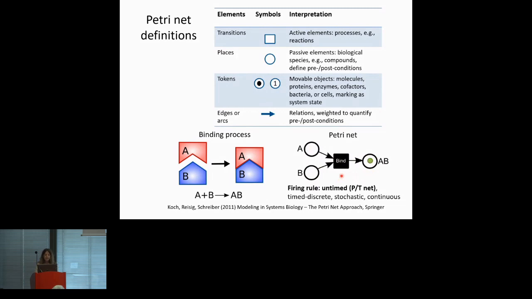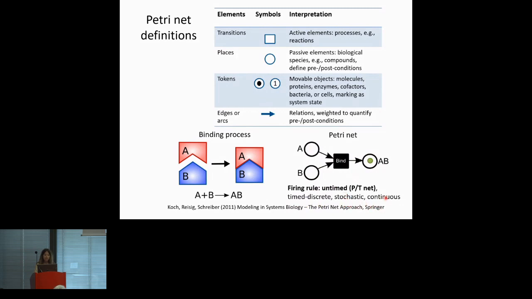The firing rule here is untimed, and that are the classical place transition networks called PT nets. And we will consider in the first part these PT networks. But we can also easily introduce here a time stamp, so to get time discrete networks, stochastic networks, and even continuous networks.